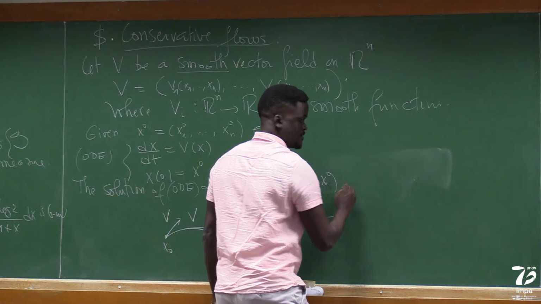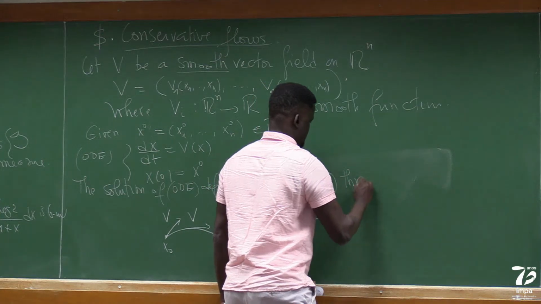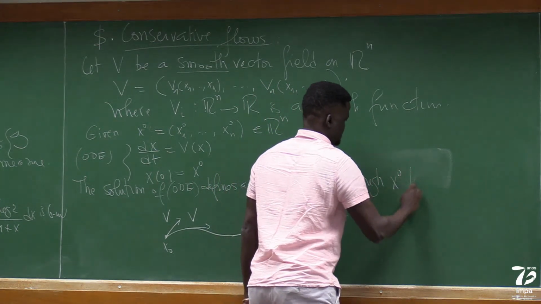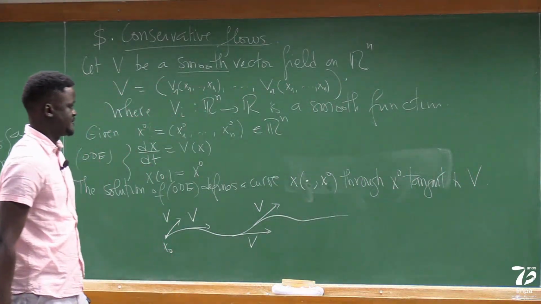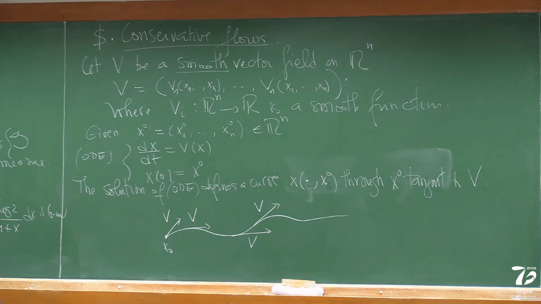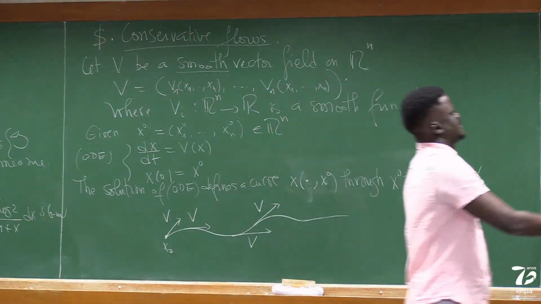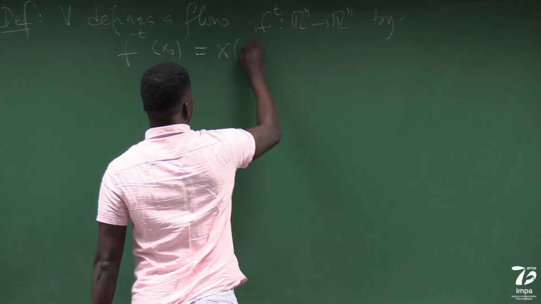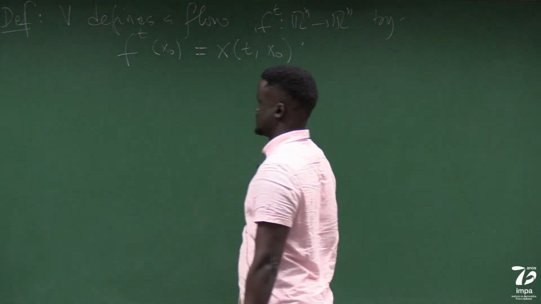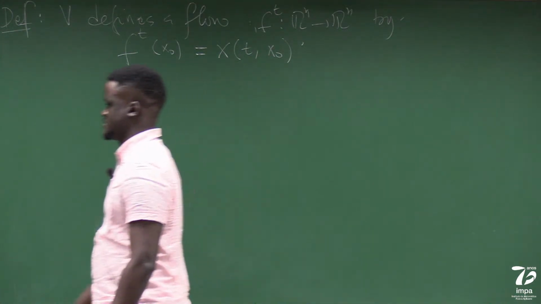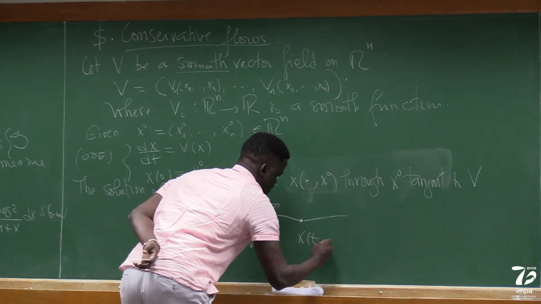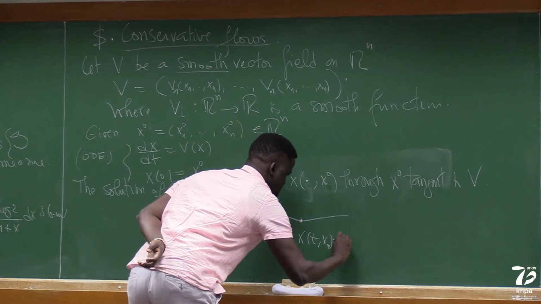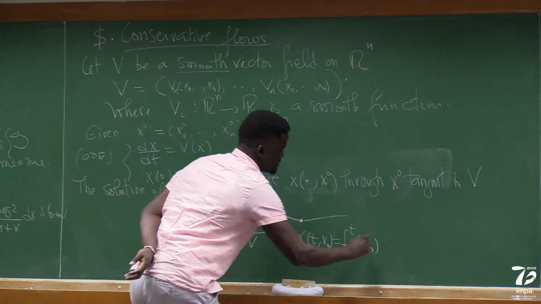It is a curve through x naught tangent everywhere to V. This point here is x t x naught, which is the same as Ft of x naught. So this is the definition of the flow.